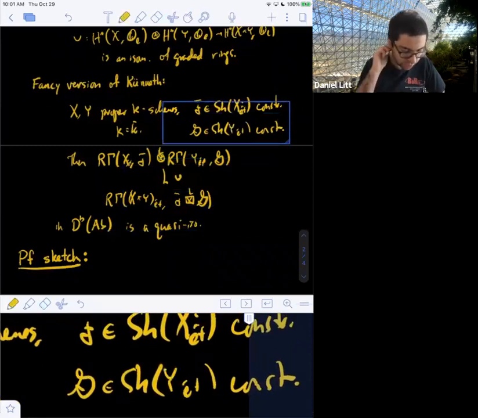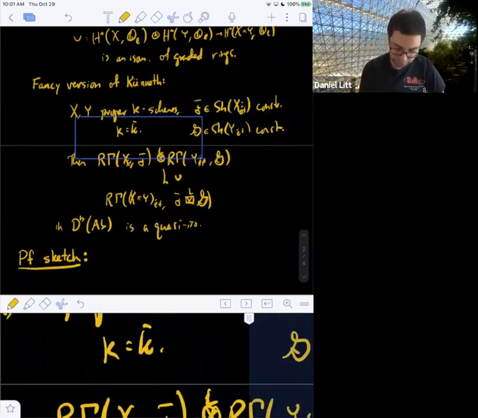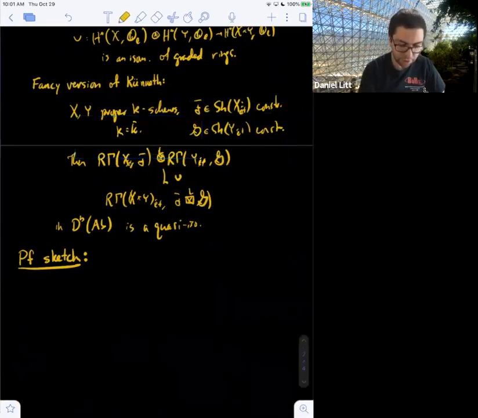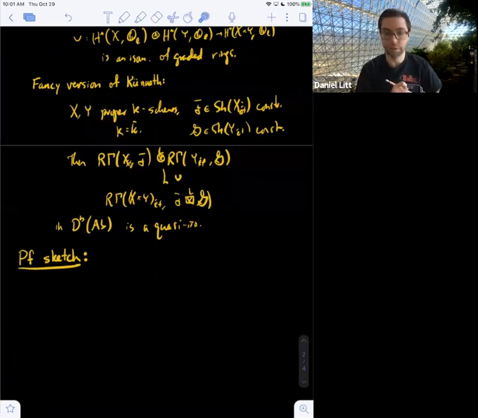Yeah, that's right. And I wrote K is K bar here. So algebraically closed implies separably closed, but yeah, Robert, it's enough to be separably closed. That's right. Does that answer your question?